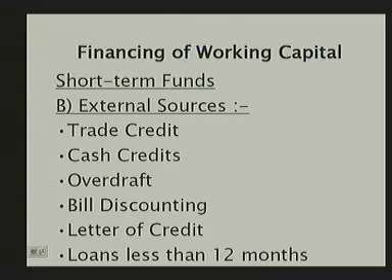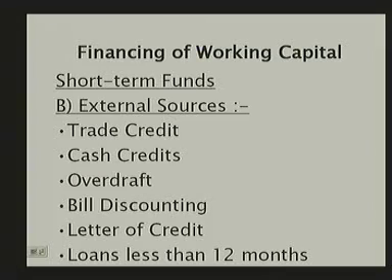So, if you try to recapitulate, we have different types of sources of finances for meeting the working capital requirement. One is characterized as short term sources, under that we have internal sources, and then we have external sources also. Under external sources, these are some of the mechanisms through which the company mobilizes its requirement for working capital.